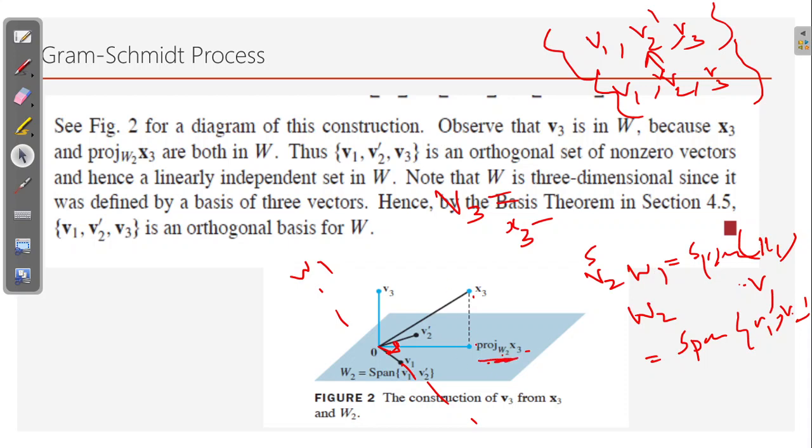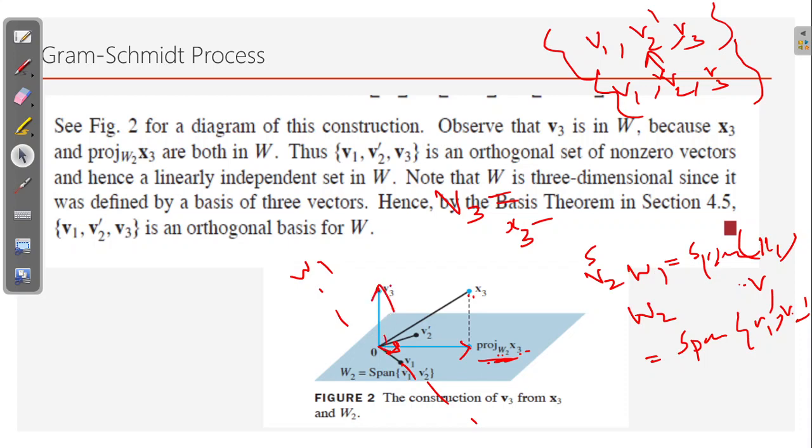So this vector x3 minus the vector that is the projection of x3 onto W2, when the minus is put in between, you will get the vector V3.